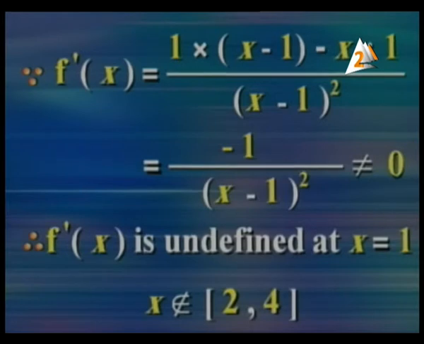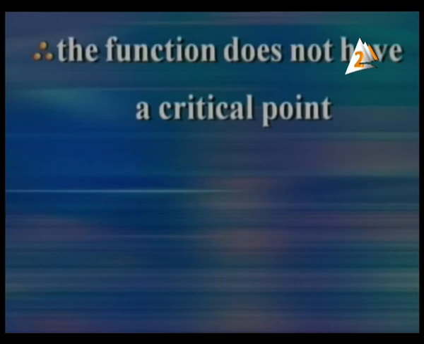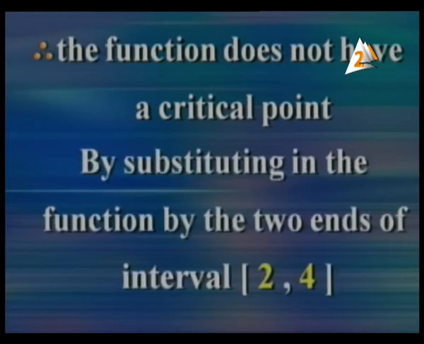In this case, 1 doesn't belong to the closed interval 2, 4. Then f dash is undefined at x equals 1 and 1 doesn't belong to 2, 4. We find the function doesn't have a critical point, because 1 doesn't belong to 2, 4.